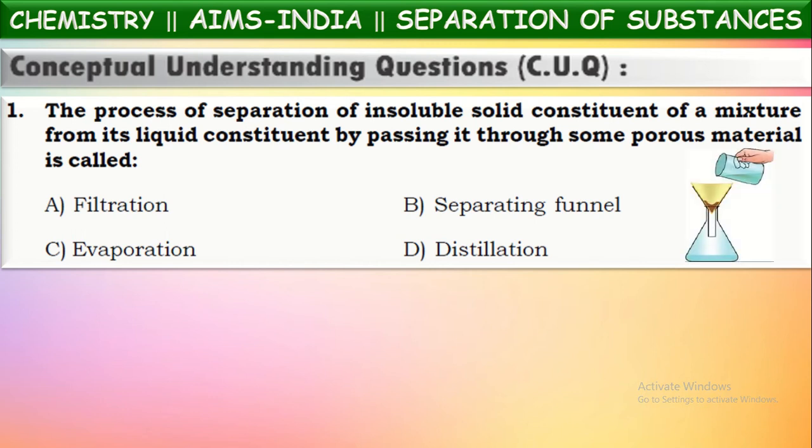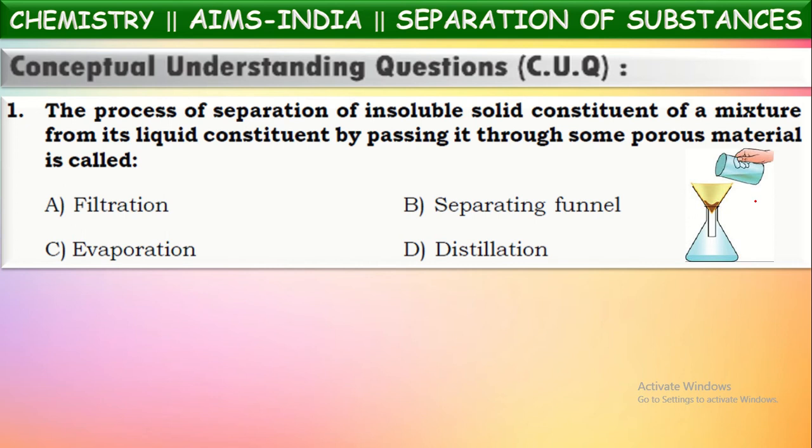See, the separation of an insoluble solid substance from the mixture of its liquid constituent by passing it through some porous material is called. What is the process called here? It is called filtration. By using the filtration process, we can separate the insoluble solid substance from its solid-liquid mixtures, isn't it?